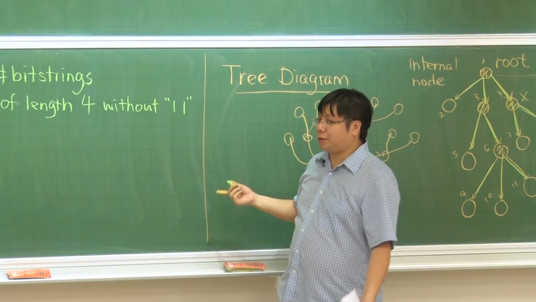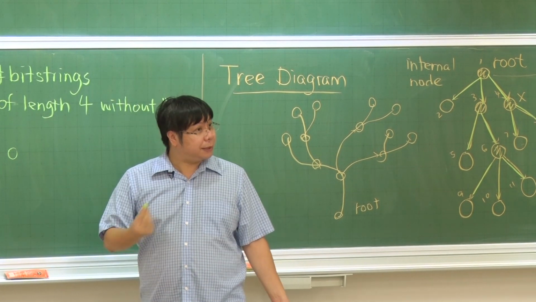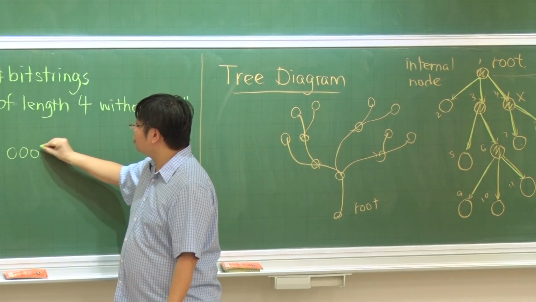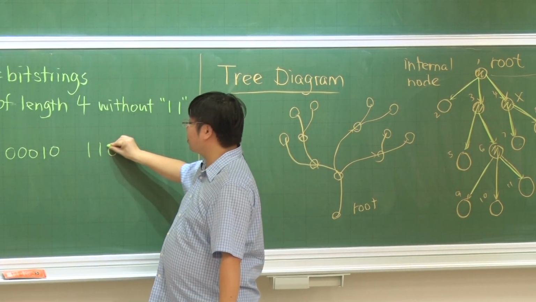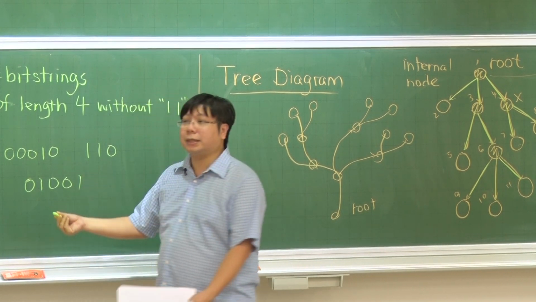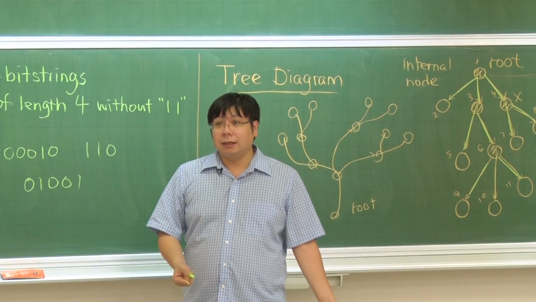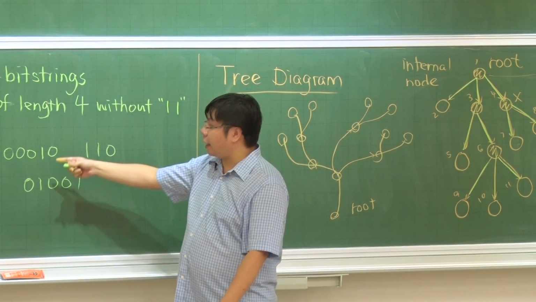So what is a bit string? A bit string is a string that consists of 0s or 1s. So 0, 0, 0, 1, 0 is a bit string. Is that okay? Or 1, 1, 0 is another bit string. Or 0, 1, 0, 0, 1 is another bit string. A bit string of length 4 simply means that it has only 4 bits.